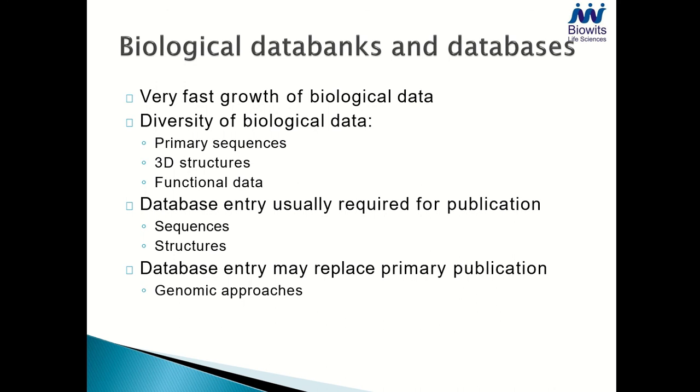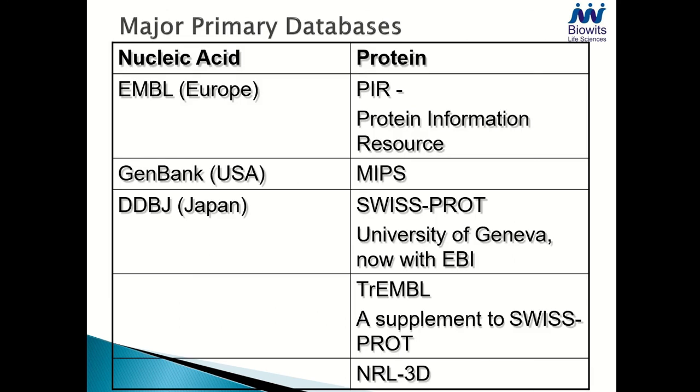So this is now genomic approaches. Okay, so the major primary databases: of course, yung nucleic acid natin, EMBL in Europe; protein, PIR, the Protein Information Resource. Ayan, so we also have in the United States the GenBank, meron silang GenBank, no?